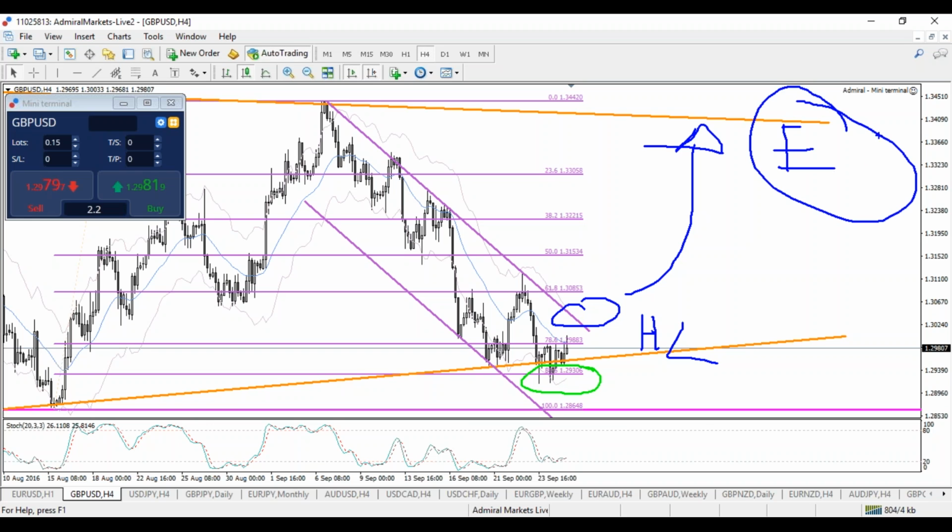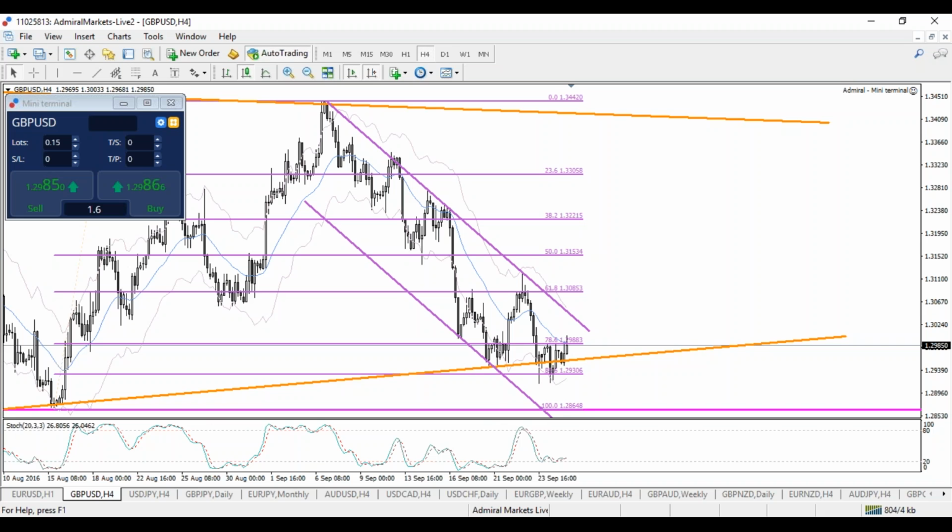That wave E could finish anywhere, but cannot break above the wave C. So stop loss would have to be above the wave C or above the candlestick pattern where wave E is finished. Wave E can finish anywhere. So in that case, I would need to put a fib from here to here, and anywhere along these fibs, price could stop.